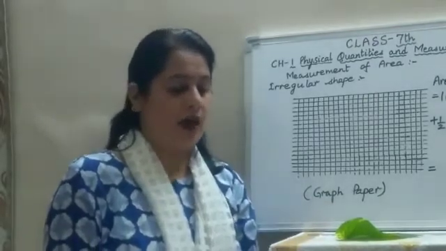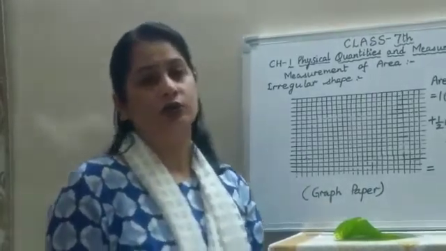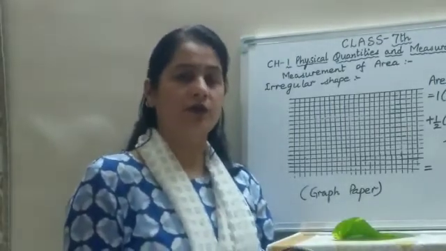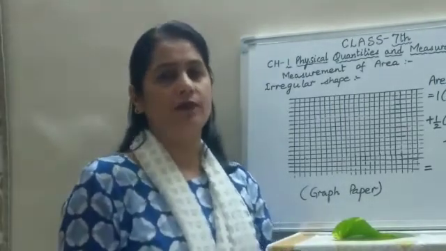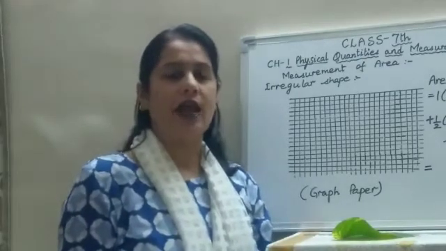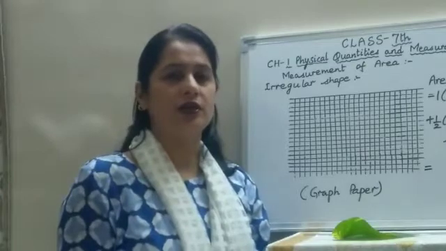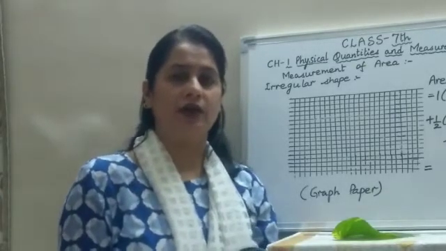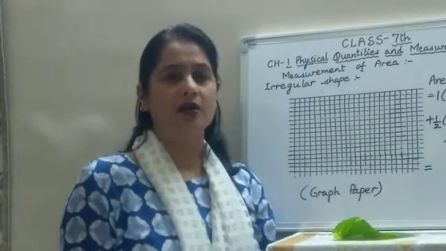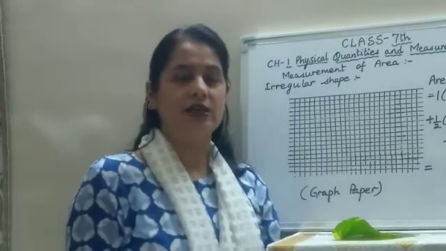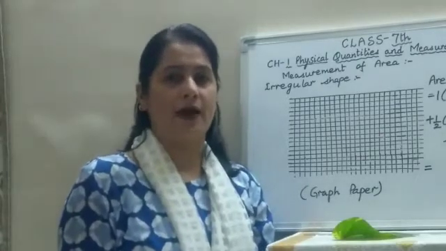And I also told you that there are two types of bodies: regular shaped bodies and irregular shaped bodies. For regular shaped bodies, we can easily calculate the area by using the formula. Like the area of a square can be calculated by using the formula side into side. The area of a rectangle is length into breadth.